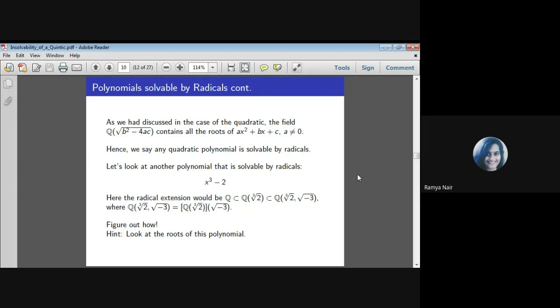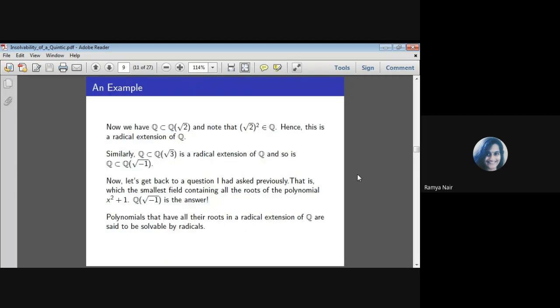Okay. In the previous slide, I was talking about polynomials solvable by radicals.